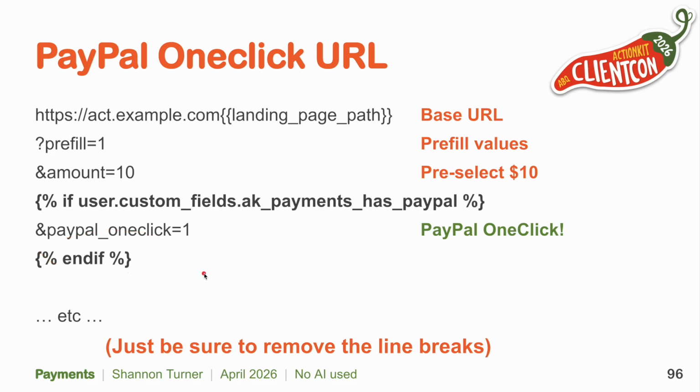Just keep in mind when you're sending users a one-click link, it's a good idea to let them know that the link will go directly to PayPal in order for them to complete their donation. And you can do that with the same snippet that you see here.